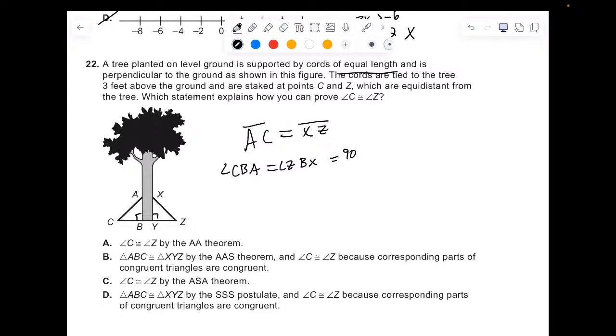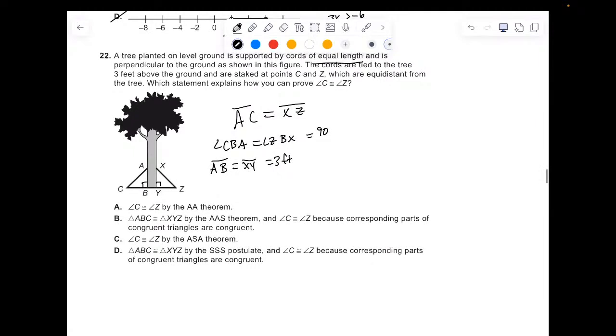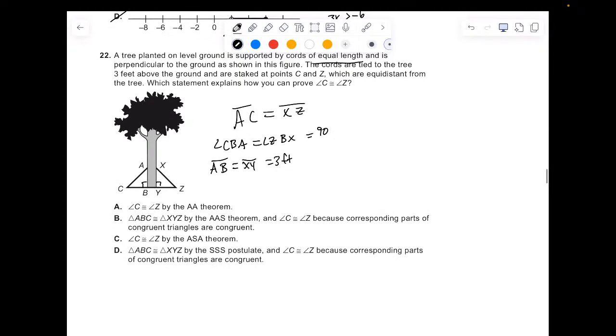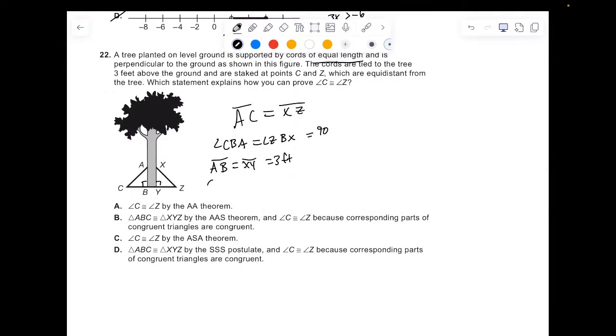The cords are tied to the tree 3 feet above the ground. So AB is equal to XY, and that's equal to 3 feet. All right. C, yeah, they're equidistant from the tree. Okay, so that means that CB is equal to YZ.